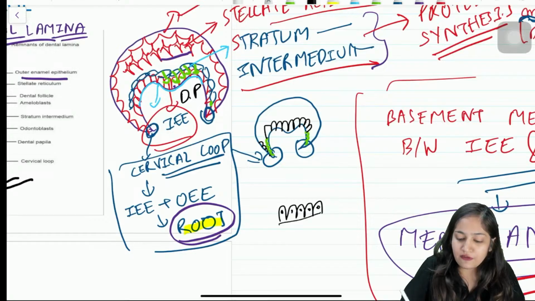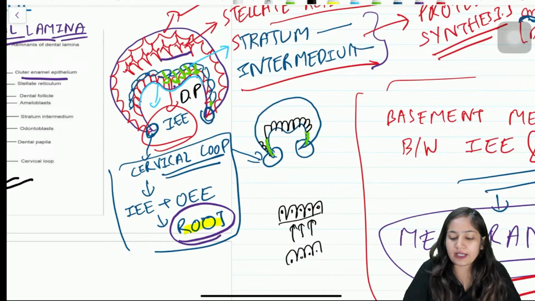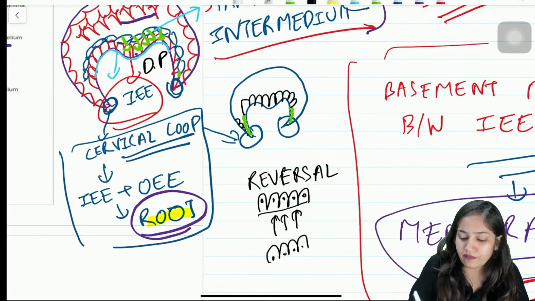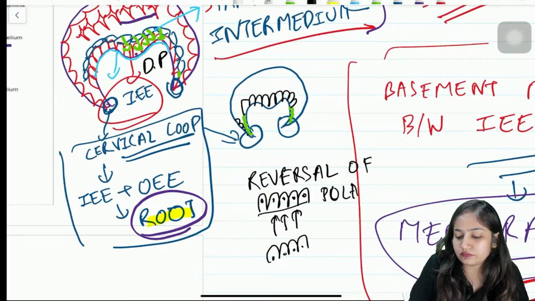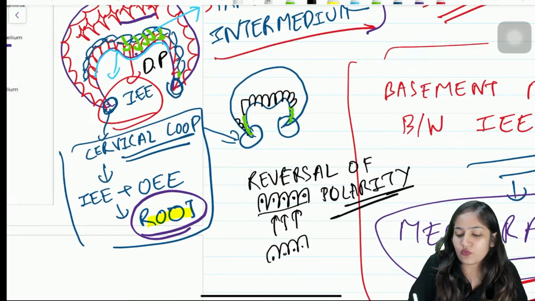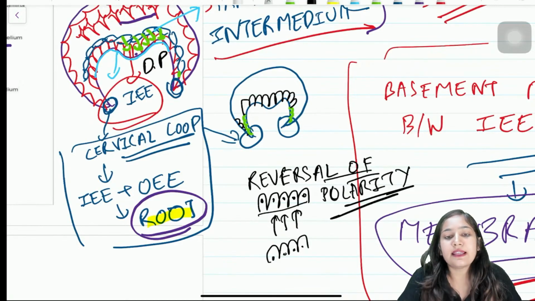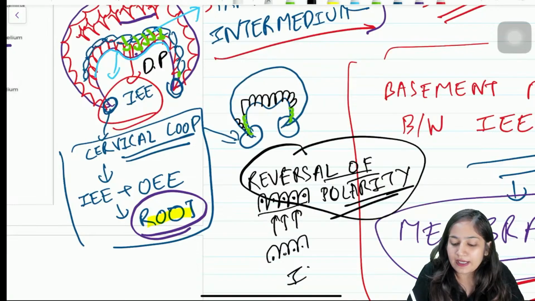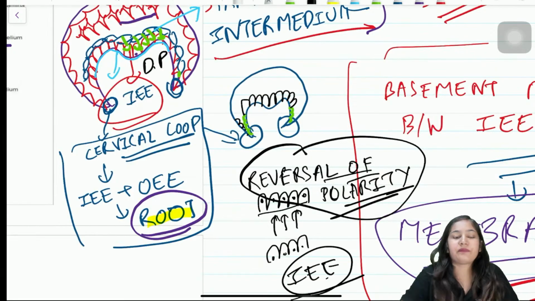Initially it is present at the basement membrane, but when the cell becomes metabolically active, there will be reversal of polarity. Before the differentiation into ameloblast, there will be reversal of polarity in inner enamel epithelial cells.